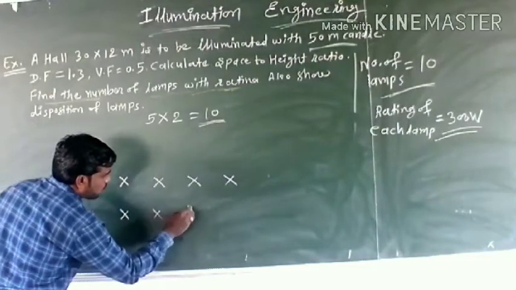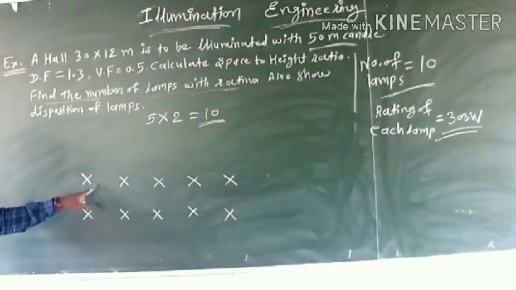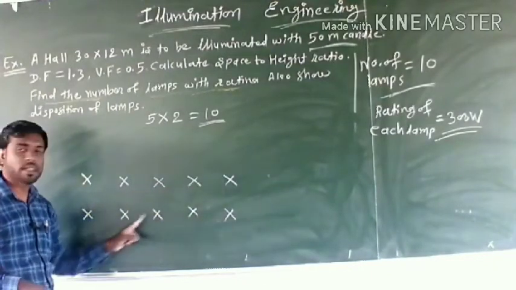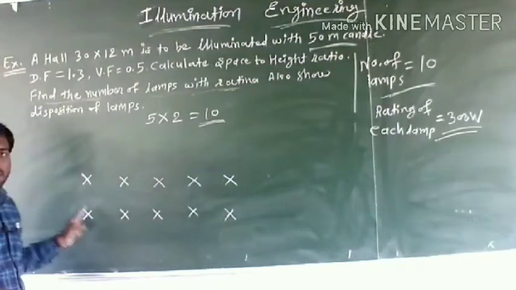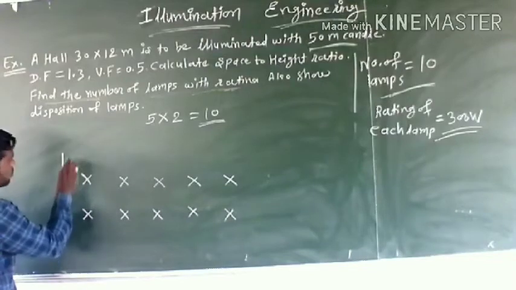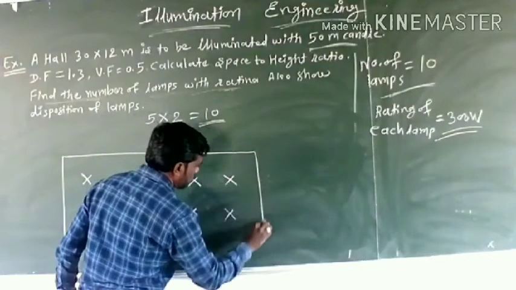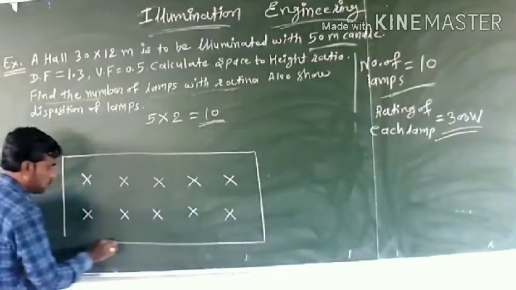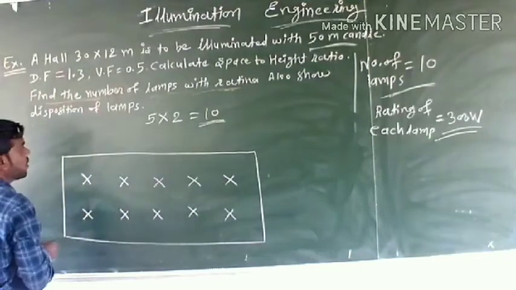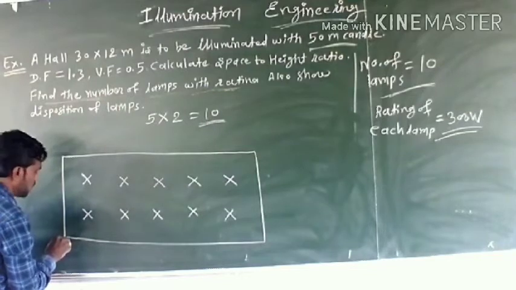So there are a total of 10 lamps: first, second, third, fourth, fifth, 6, 7, 8, 9 and 10. And the area is 30 meters in length.